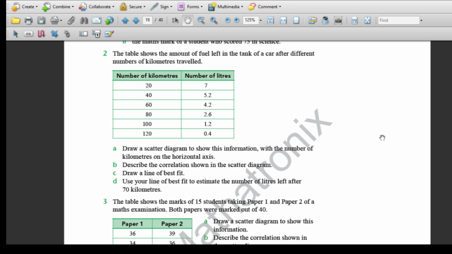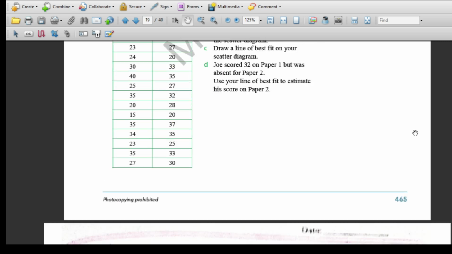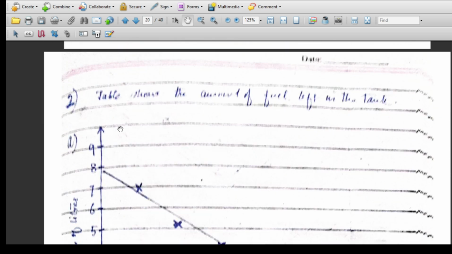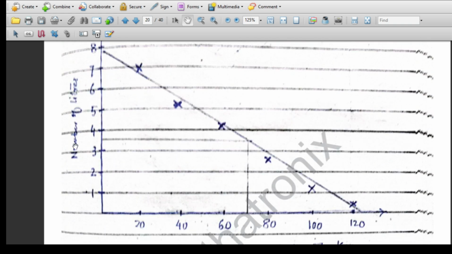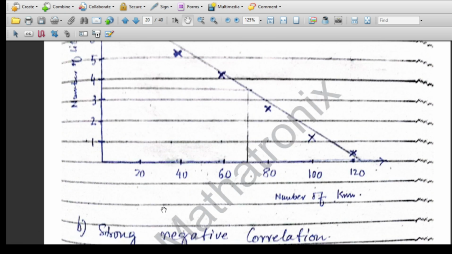On one side we show the number of kilometers, on the other side the number of liters left in the tank. This is the amount of fuel left in the tank in liters, and this is the number of kilometers traveled.